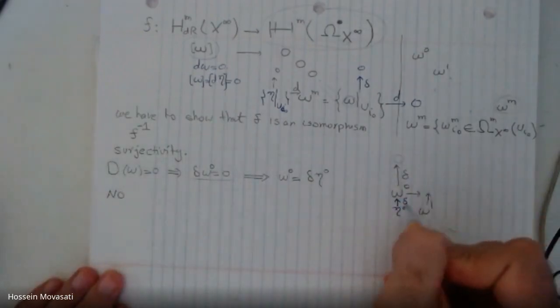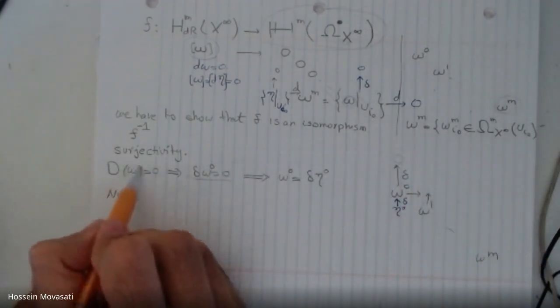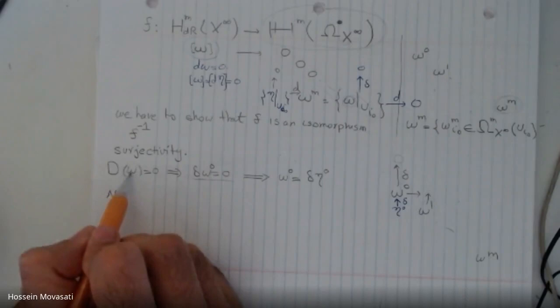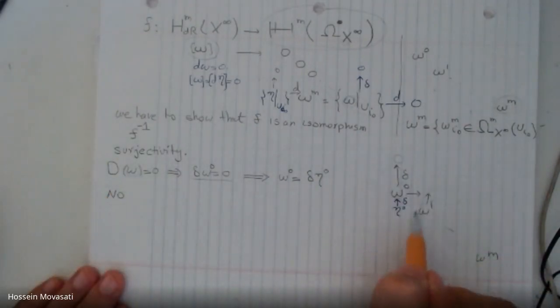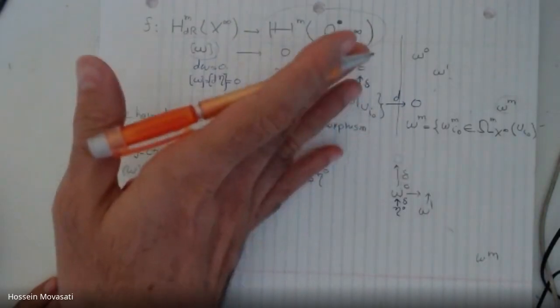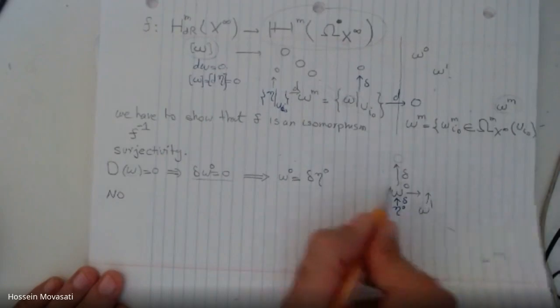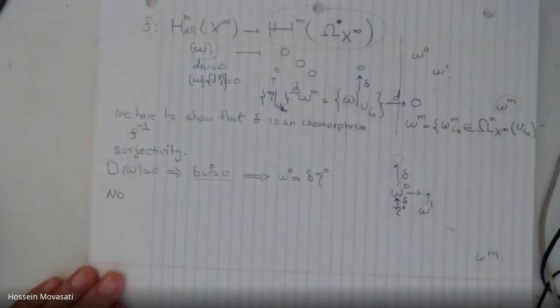So the idea is that the element omega is defined modulo D of exact objects. So I will try to modify omega in such a way that omega 0 becomes 0, and then I will make omega 1 equal to 0, and then slowly going down until reaching just omega m, and the rest is 0, and then I will check the surjectivity.